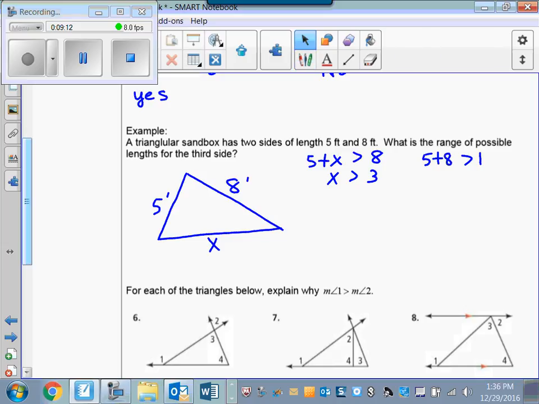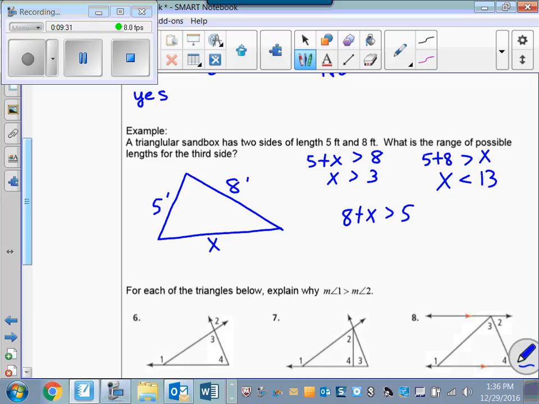5 plus 8 has to be greater than x. I'm going to turn this around. I like my variable to be on the left, so I know that x has to be less than 13. All right, and how about this? 8 plus x has to be greater than 5. Well, that's really kind of a nonsense statement, isn't it?